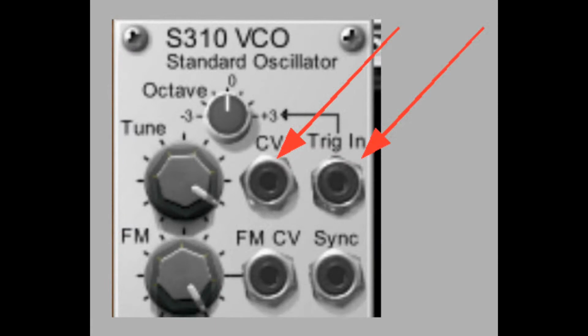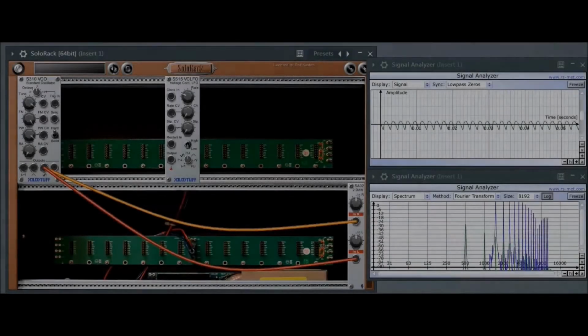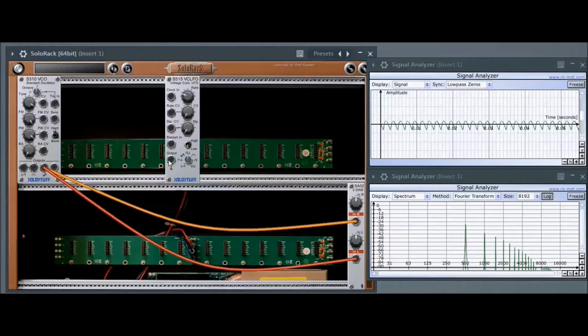DAW group. Well, talking about control voltage and trigger impulses and so on, I should have a look at these 2 input jacks called trigger and CV now. I use the square wave of an LFO unit and feed it in the trigger in jack.